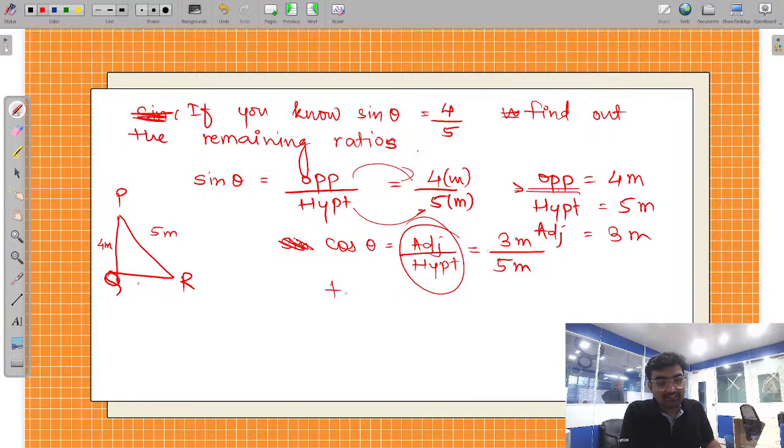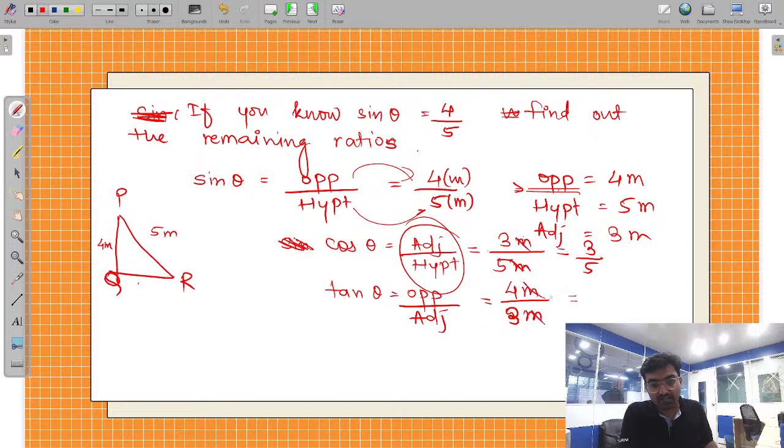The next is tan theta. Tan theta is opposite upon adjacent, correct? Oh, wait a second. See, now here we got 3m upon 5m. I can cancel this m out. So the ratio I'll get is just 3 by 5, right? So now for tan, opposite is 4m and adjacent is 3m, right?